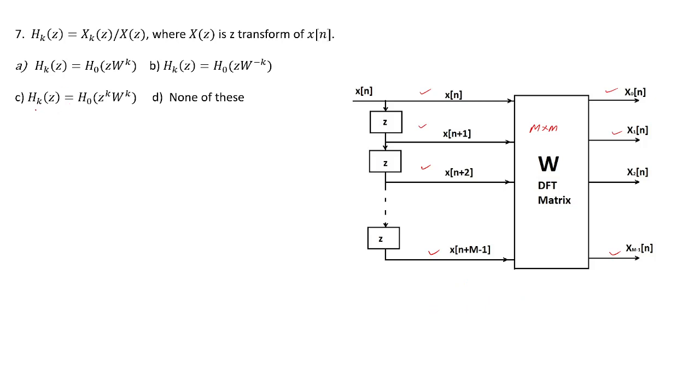So we are mainly interested in the representation of H_k(z), which is the response of X(z). By the way, the z transform of x[n] is given as X(z), let me clearly write it down.